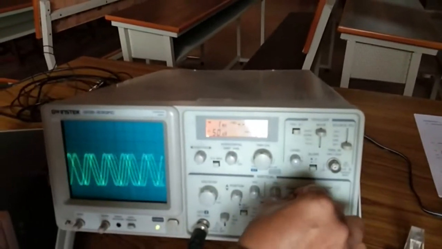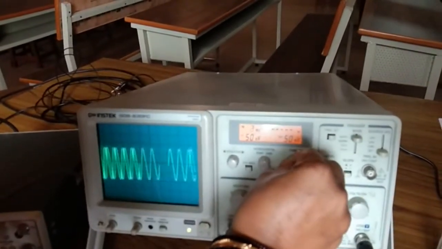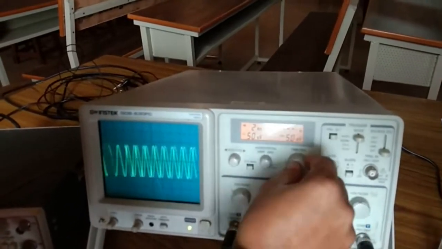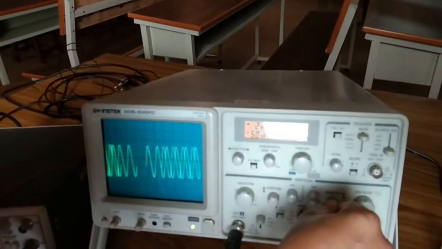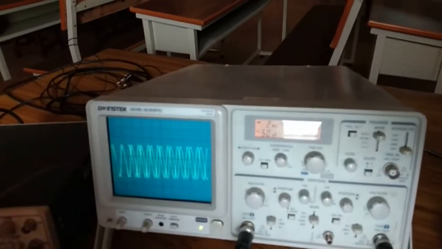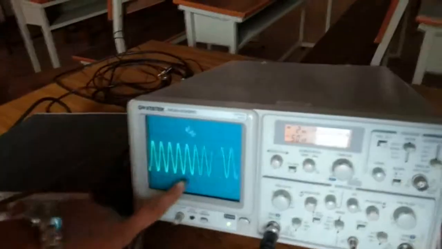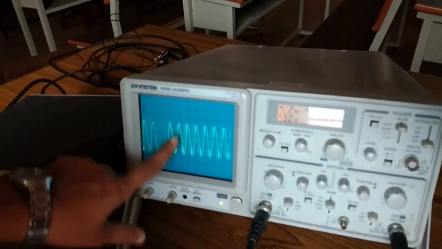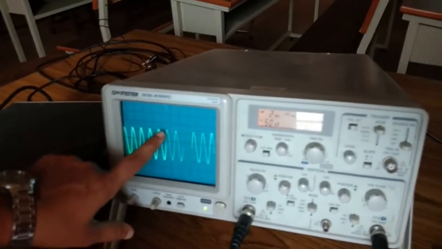So this is our output wave. At 300 hertz, what is the output voltage? How many blocks has it covered vertically? Observe 1, 2, 3. So 3. Each block is divided into 5 slots, so each slot we consider as 0.2.